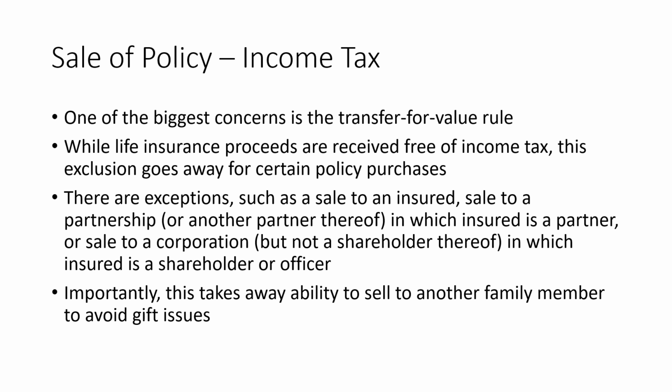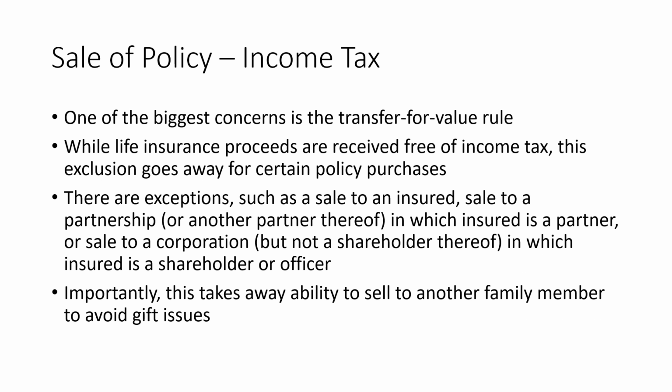And from an income tax perspective, I mentioned the transfer for value rule earlier, how that can blow up the income tax exclusion on the death benefit. So there are exceptions to that, such as a sale to the insured, a sale to a partnership or another partner in which the insured is a partner of the partnership itself, or a sale to a corporation in which the insured is a shareholder or officer.